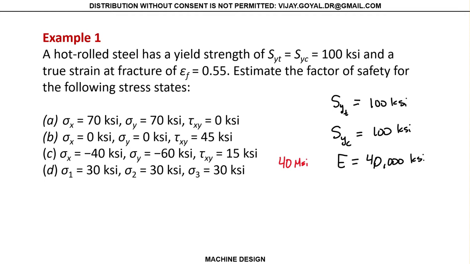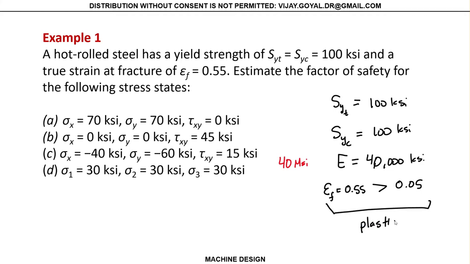Okay? So the other thing the problem tells you is that you have a true fracture strain toughness of 0.55. That is actually bigger than 0.05. So you're already telling that we already know that we are in the plastic zone.